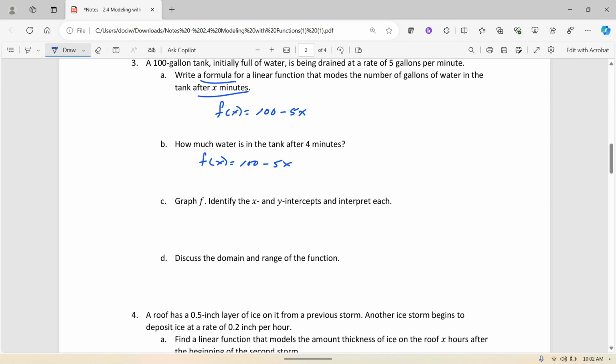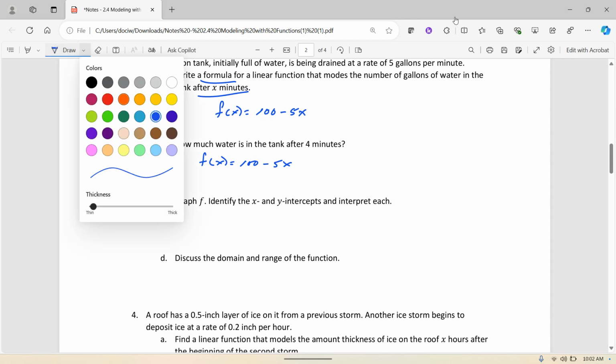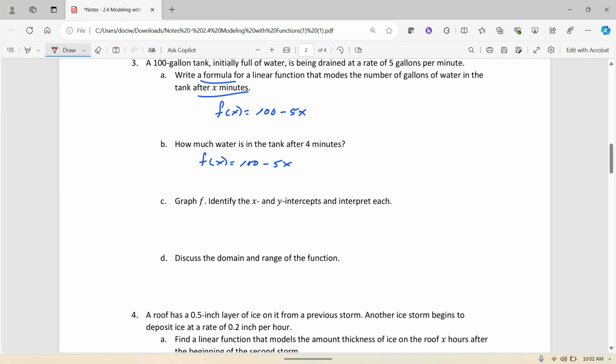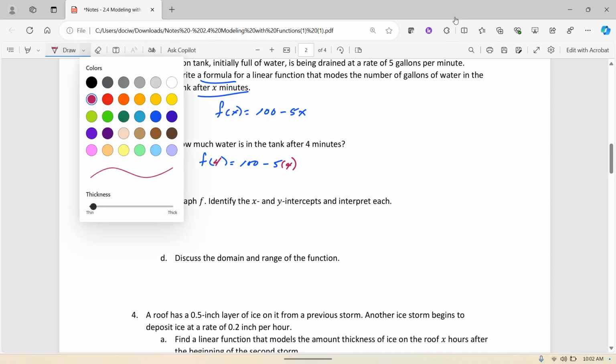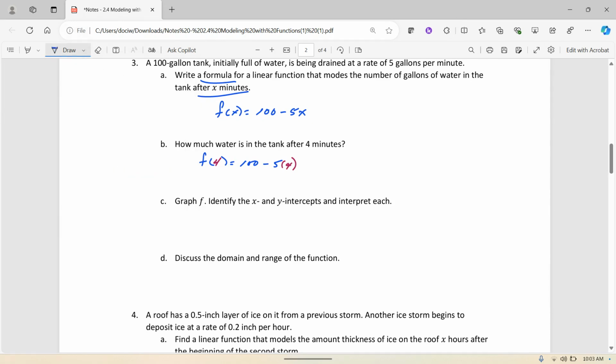How much water is in the tank after 4 minutes? What happens there is we replace the x with 4 because we're draining water off for 4 minutes.